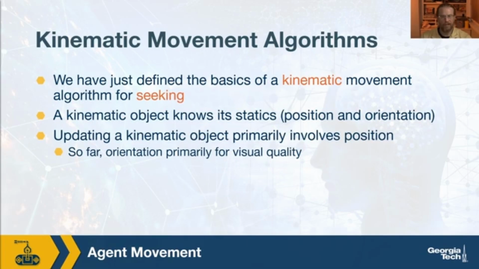All right, so we have just defined the basics of kinematic movement, and in particular, we have an algorithm for seeking. This is where an agent is seeking out a target. A kinematic object knows its statics, and that is the position and the orientation, and it updates its position and orientation according to whatever the kinematic algorithm or strategy is.